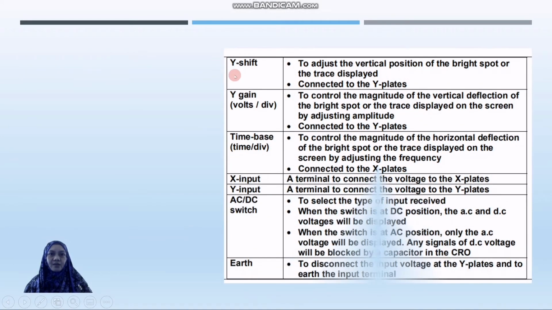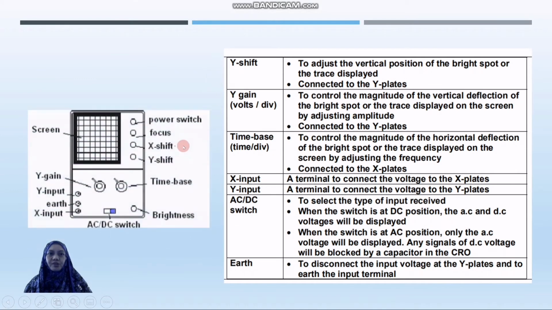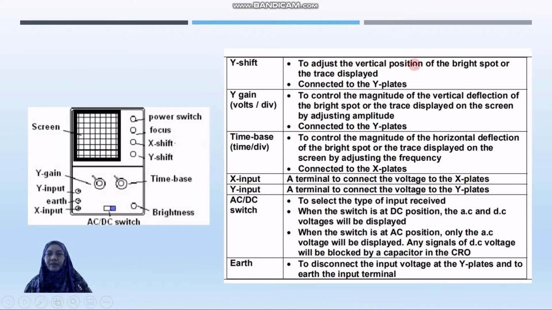Okay, next is the Y shift. This Y shift is used to adjust the vertical position of the bright spot and is connected to the Y plates. Then comes the Y gain. The Y gain is used to control the magnitude of the vertical deflection of the bright spot by adjusting its amplitude.